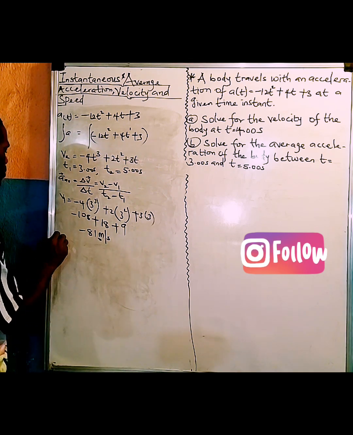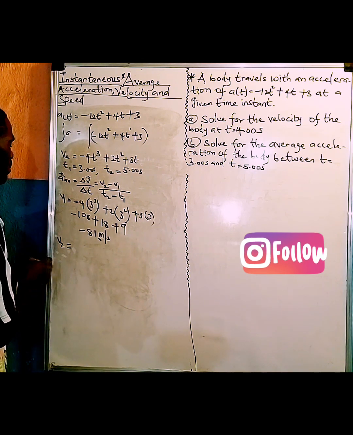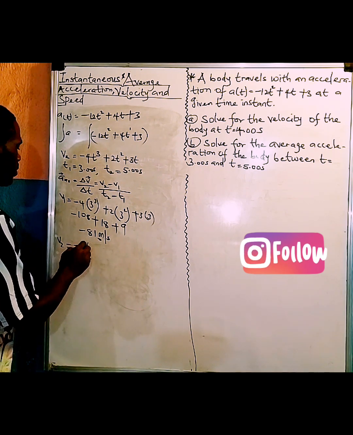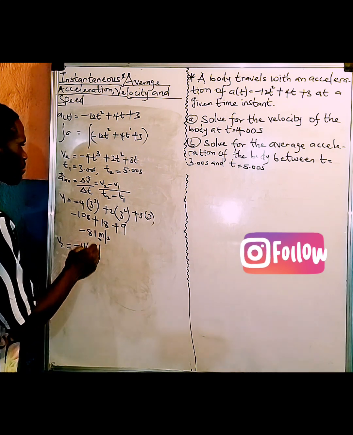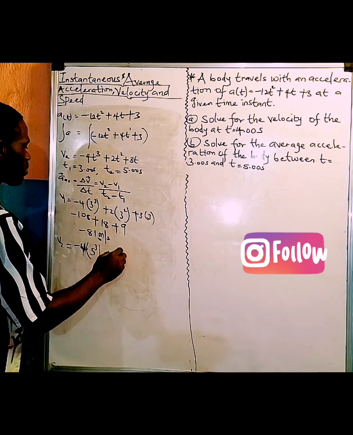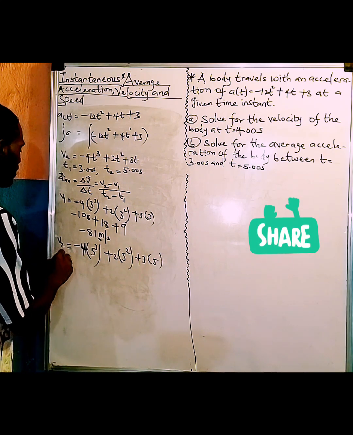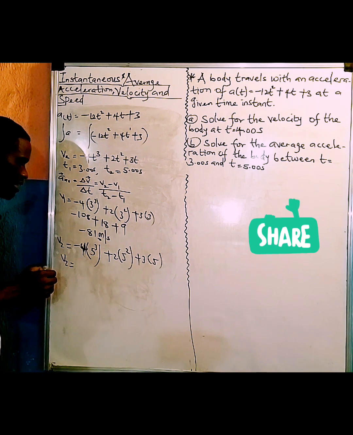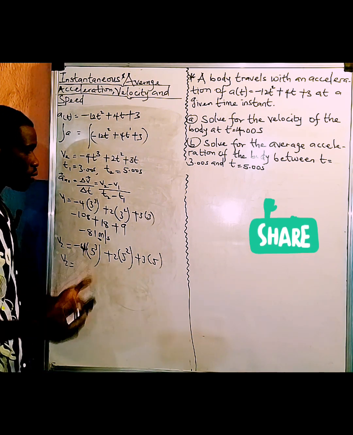So for velocity 2, what do we have? As simple as that, just fixing the time. Minus 4 times 5 raised to 3, plus 2 times 5 raised to 2, plus 3 times 5. So velocity 2: 5 raised to 3 is 5 times 5, 25, 25 times 5 is 125.